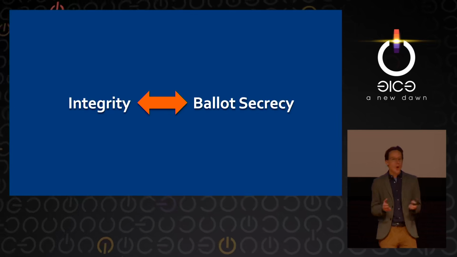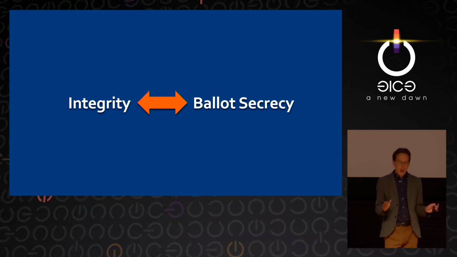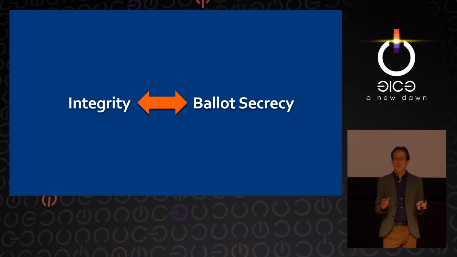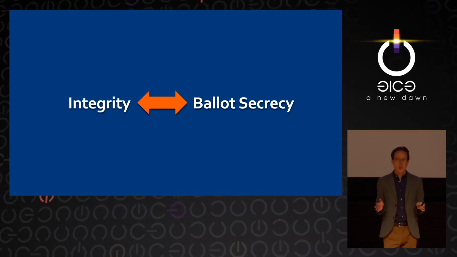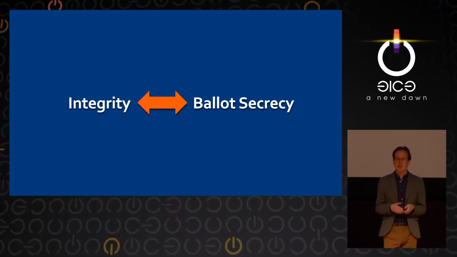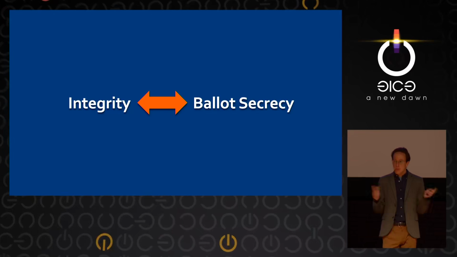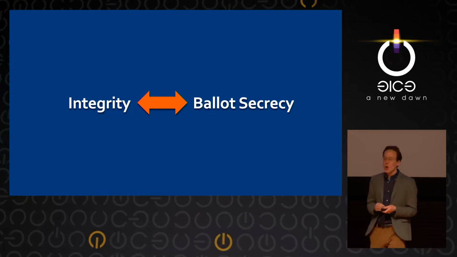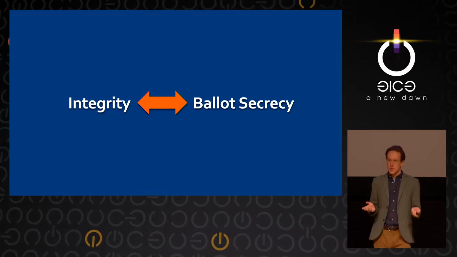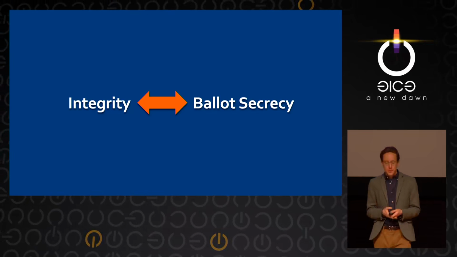These things are very, very difficult or impossible to implement if we want to maintain a secret ballot in a strong form at the same time as we're trying to preserve integrity. So we need very different mechanisms to achieve an e-voting system that provides these critical properties.